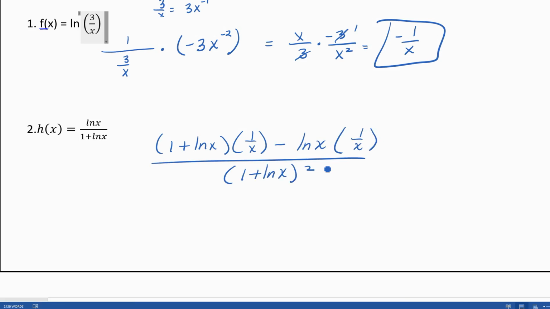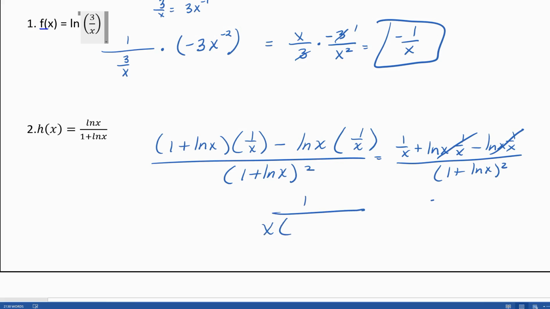Now you'll notice if we distribute this 1 over x, we get 1 over x plus natural log of x times 1 over x minus natural log of x times 1 over x, all over 1 plus natural log of x squared. Well, these two terms cancel out, and it will really become 1 over x times 1 plus natural log of x squared. So that would be h prime of x.